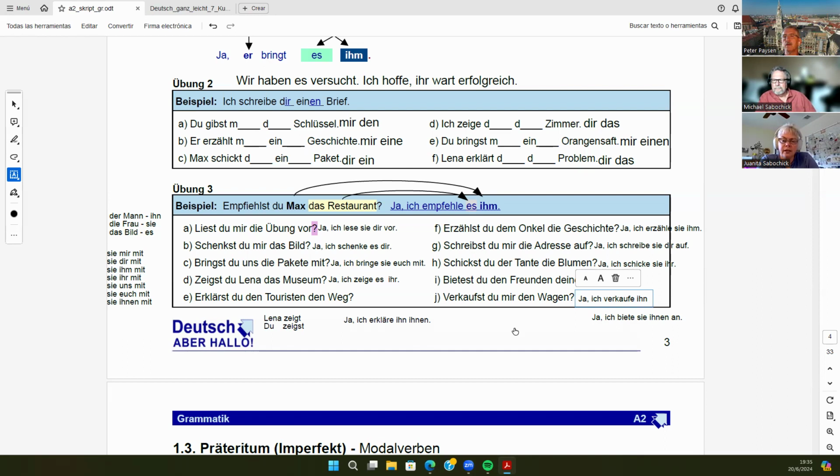I was thinking a Wagen was an auto. It is. Okay. So the article is der Wagen, and therefore it turns into ihn. It's just hard to think of an auto as masculine.